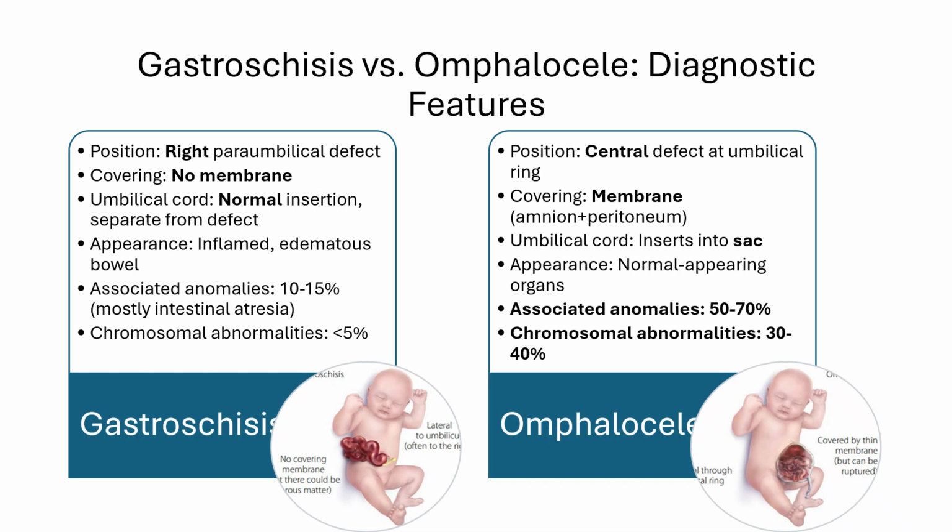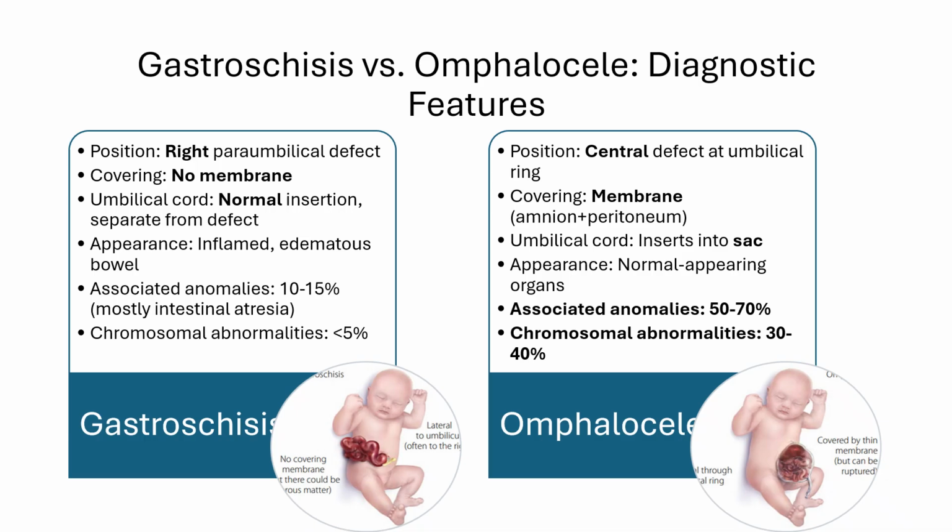You may see liver protruding along with bowel in larger defects. Size patterns differ significantly. Gastroschisis defects are typically small, 2 to 4 centimeters, but consequences are significant due to chronic exposure. Omphaloceles vary dramatically, from small defects with only bowel to giant defects containing most abdominal organs.